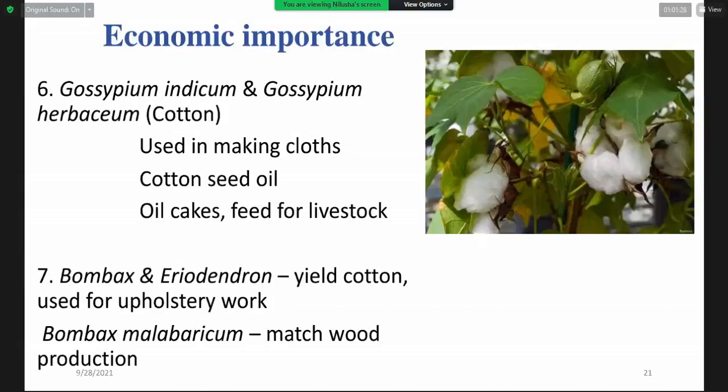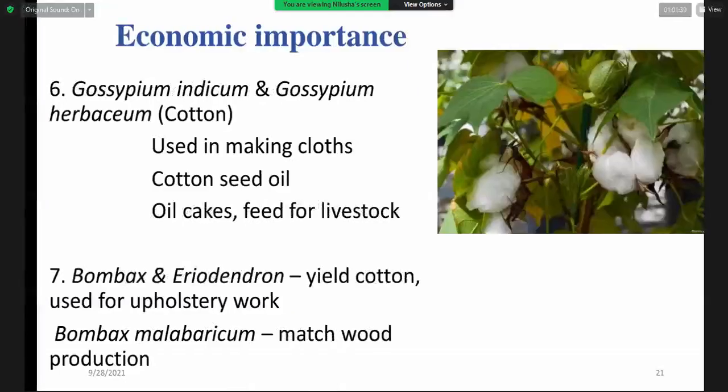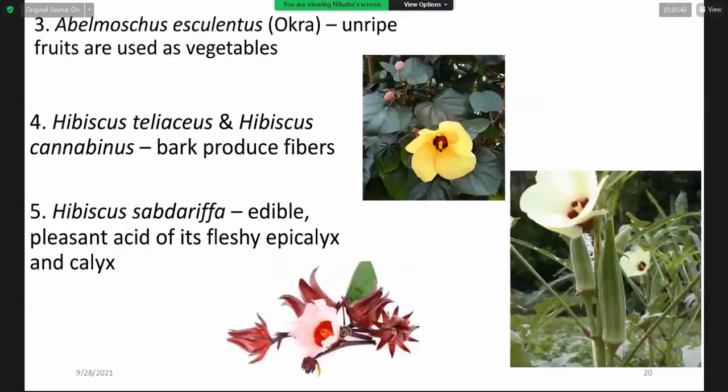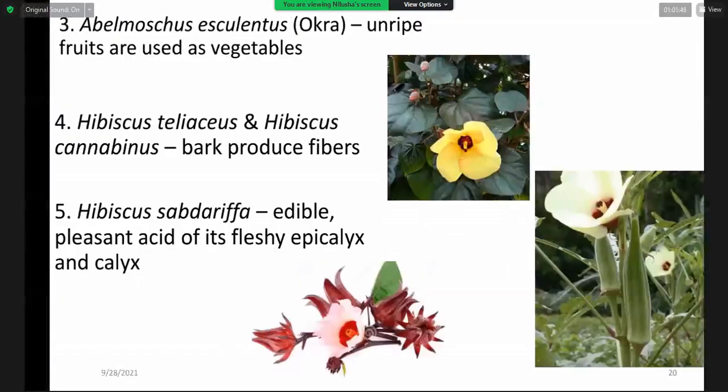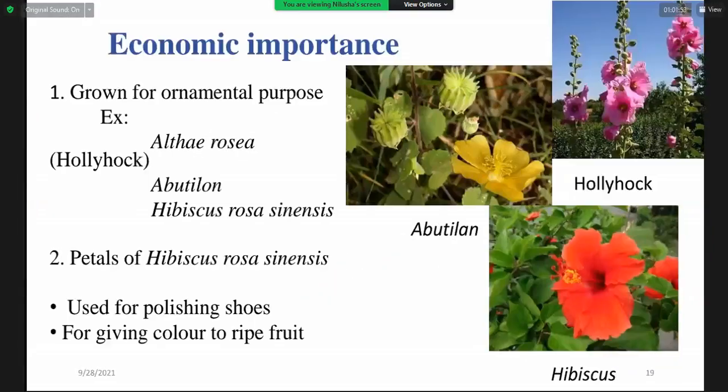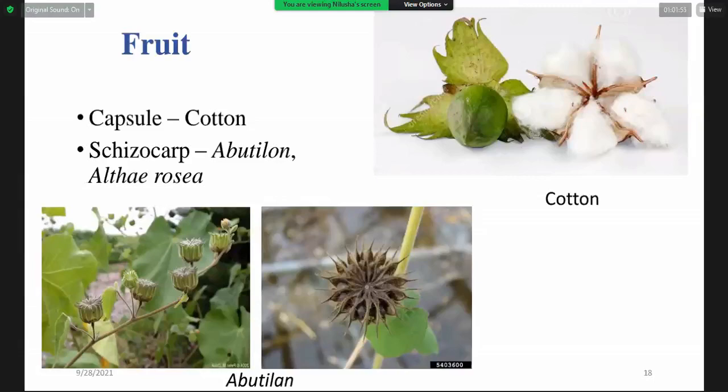Ma'am, can you please explain about the capsule? Capsule means, here in cotton you can see the capsule.